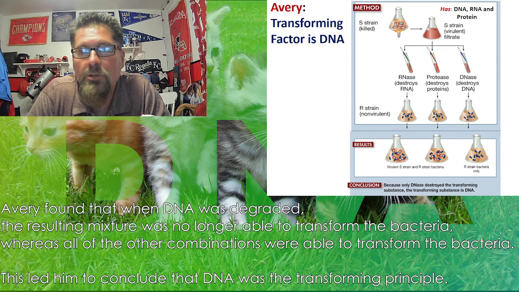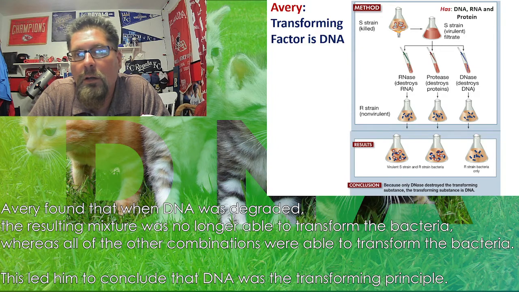And then, of course, took those solutions and injected them into mice to see which ones would still be harmful to the mice. And the solution that had the DNA, after the DNA was broken down, it would no longer be detrimental to the mice.